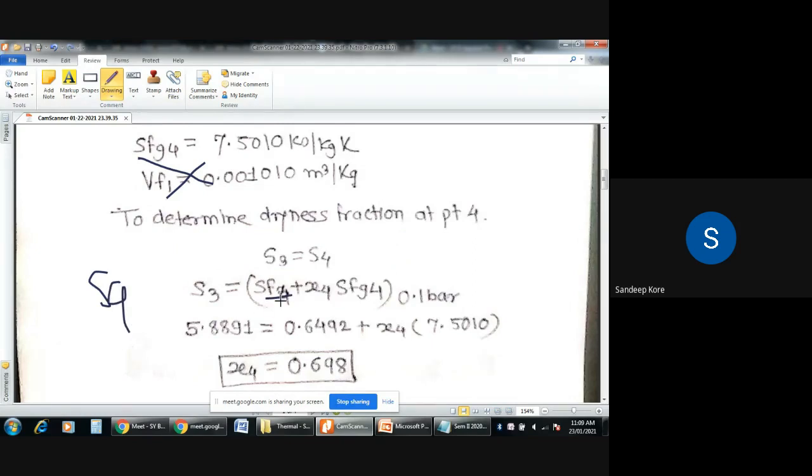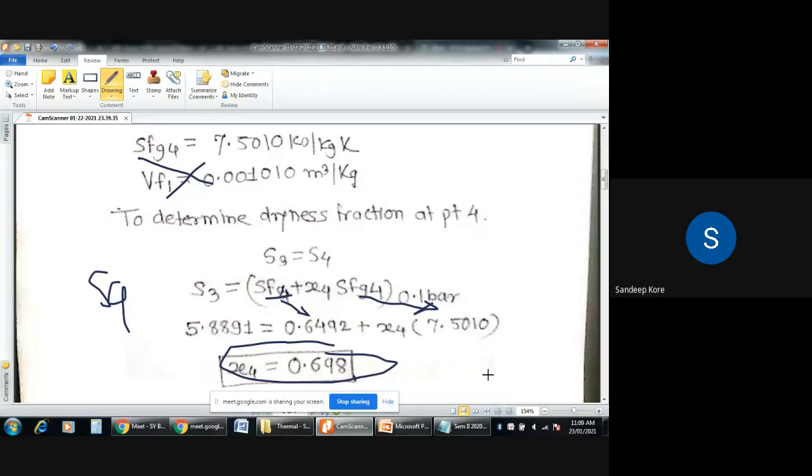SF is the entropy of the liquid at 0.1 bar. It is 0.64. SFG is the entropy of the liquid and vapor mixture. FG stands for fluid and gas, liquid and vapor. So it is 7.5. So find out X4 from this formula. It is coming near about 0.7.